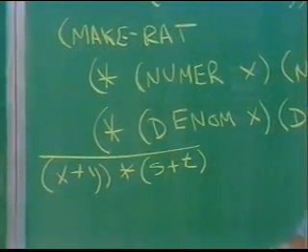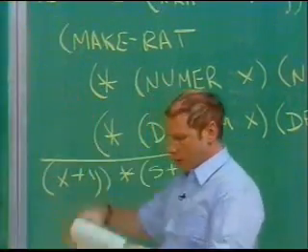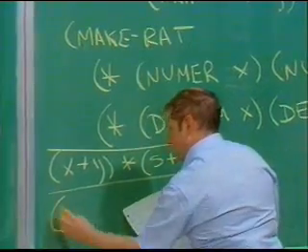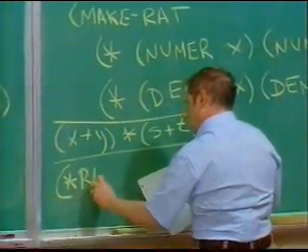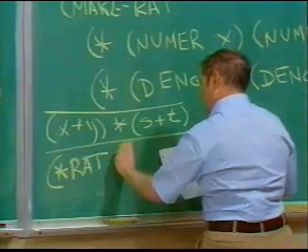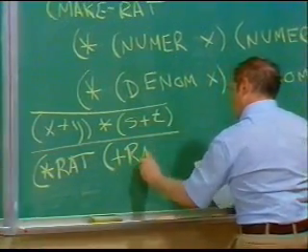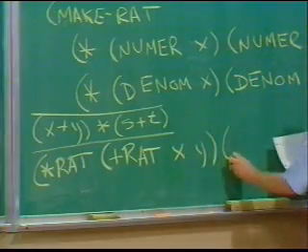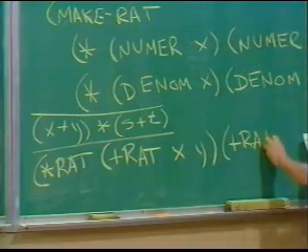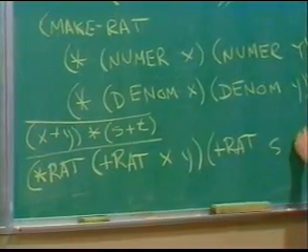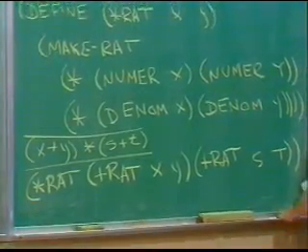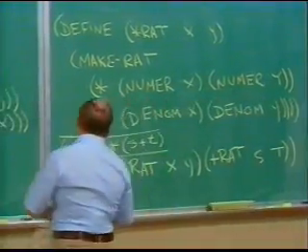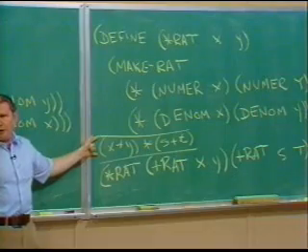Well, the way I do it, having things like plusRat and starRat, is I'd say, oh yeah, what that is, is just the product, that's starRat, of the sum of x and y and the sum of s and t. So except for syntax, I get an expression that looks like the way I want to think about it mathematically.